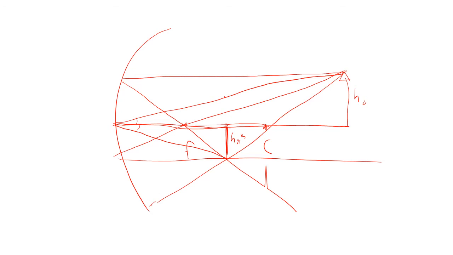That right there is your object distance. If this angle equals that angle, then we have similar triangles. So HO over DO equals HI over DI.